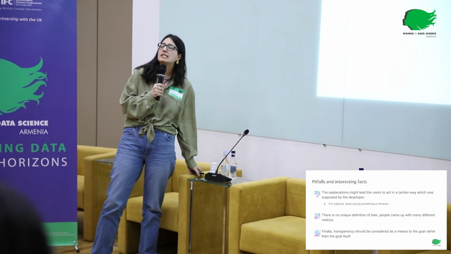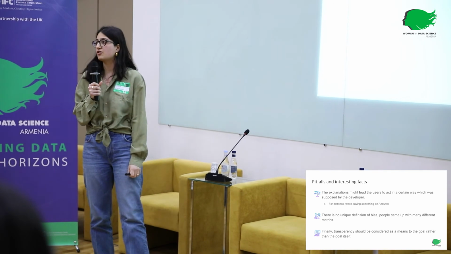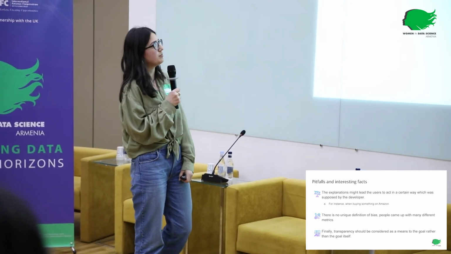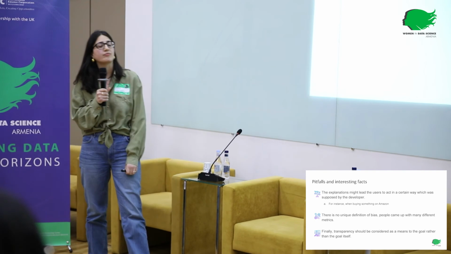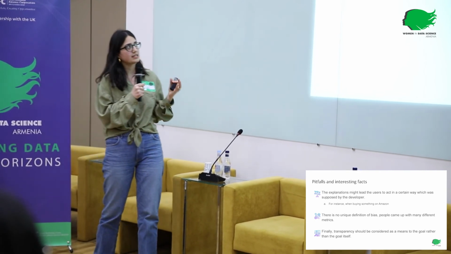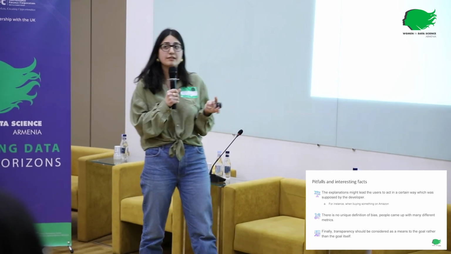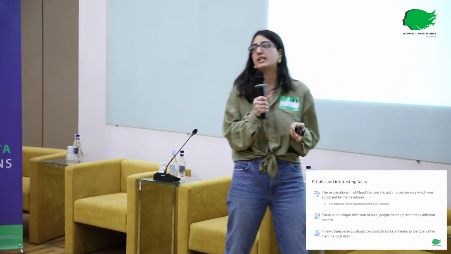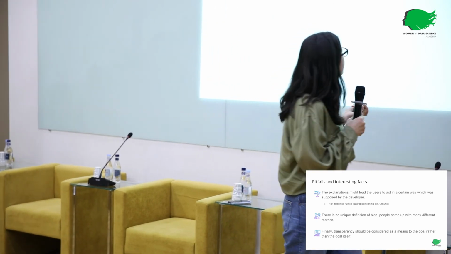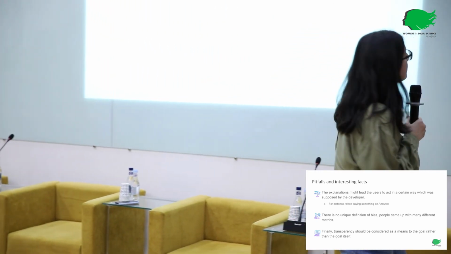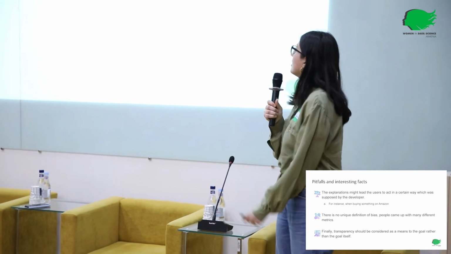So transparency and fair decisions are a very important and crucial topic. However, there are some examples, some facts that I want to give you to be careful about when using transparency. The first example, which follows from the last slide, is that developers can manipulate the explanations that transparency can provide.